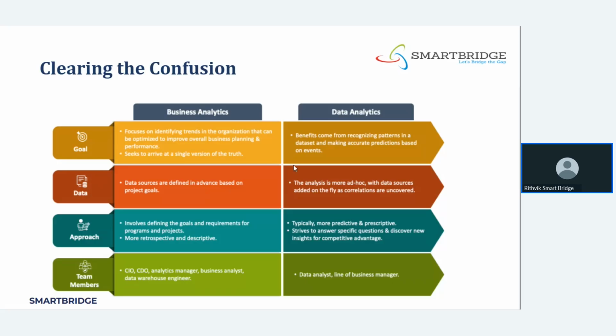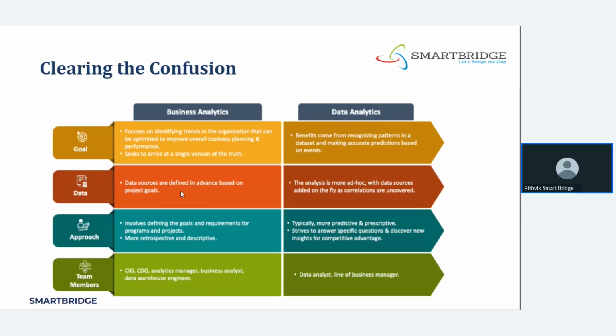Benefits come from recognizing patterns in a dataset and making accurate predictions based on the events. A data analyst is going to understand the patterns in the data. Business analyst is going to understand the business needs and perform and plan according to it. Okay, these are the main goals of a data analyst and a business analyst.